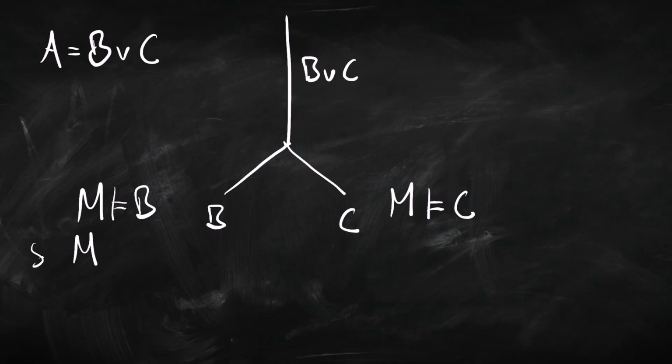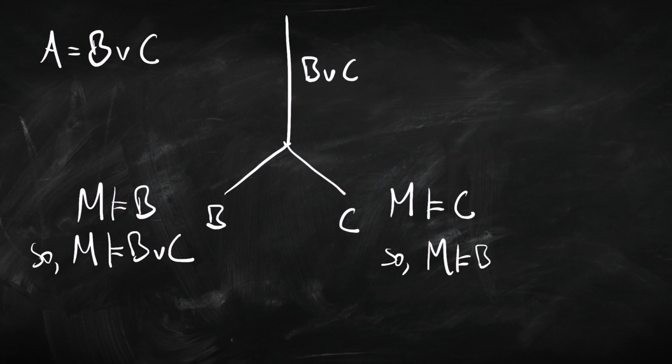However, what we do know is that from the truth condition for disjunction, if M makes B true, then it makes B or C true. And in the other case, if M makes C true, then it makes B or C true. So either way, whether that branch stays open or that branch stays open, our model makes B or C true.